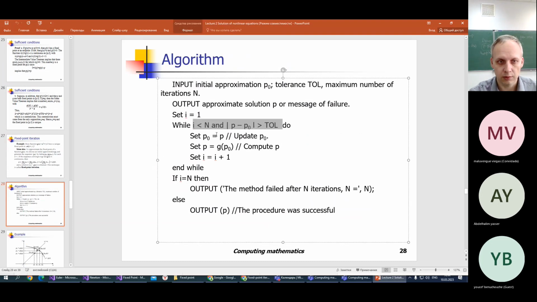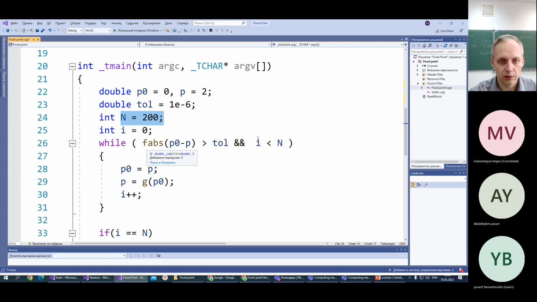While these two inequalities are true, while i is smaller than n and the absolute value of P0 minus P is greater than tolerance, then we update the point P and compute the new point P equals g of P0, and so on.